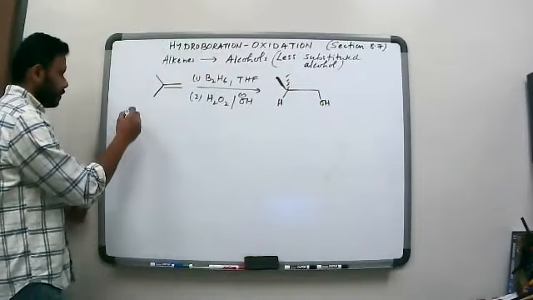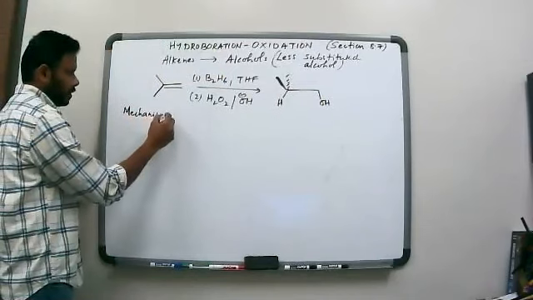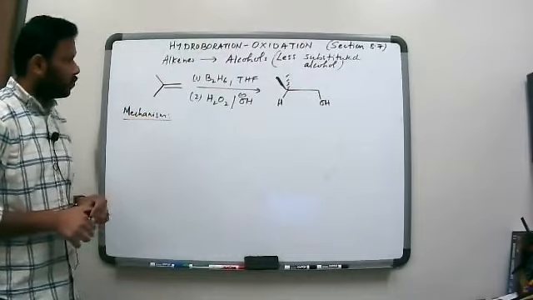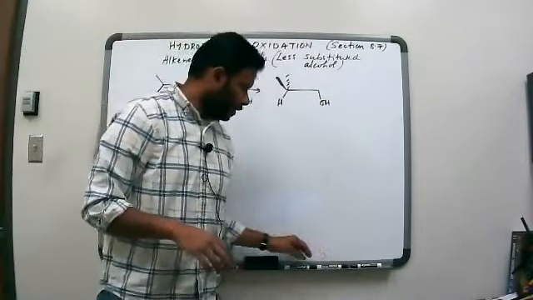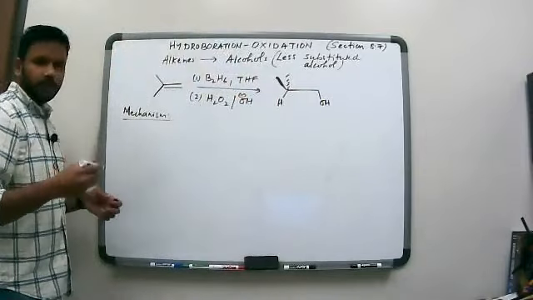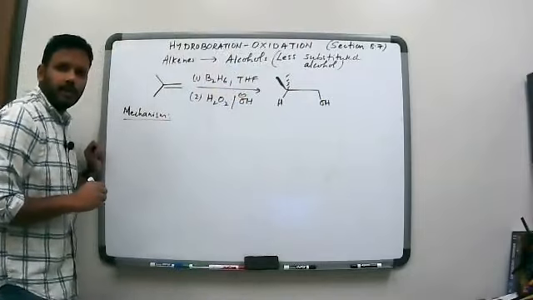So let's look at a mechanism that explains all of this. Why do we get the less substituted alcohol as a product, and why does it result in a syn addition? Before we go into the mechanism itself, we're going to talk about the borane reagents that we are using.